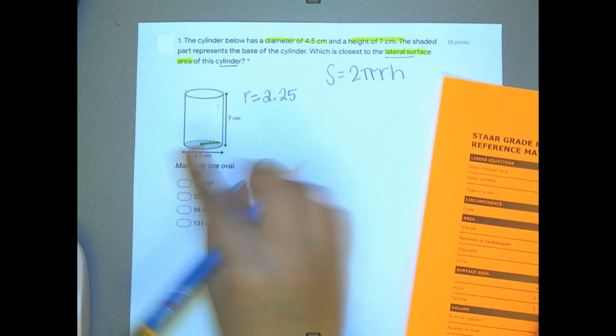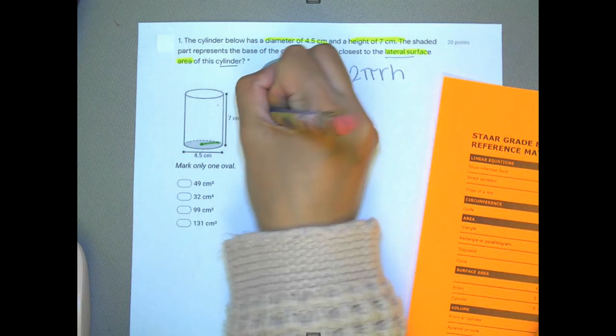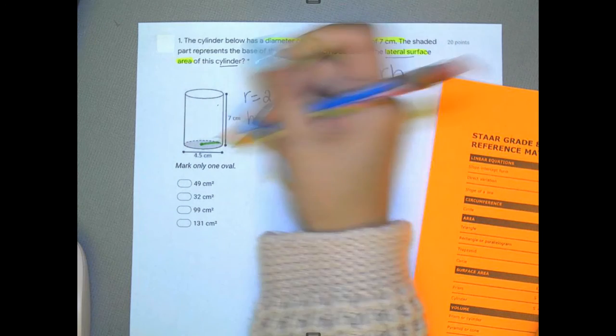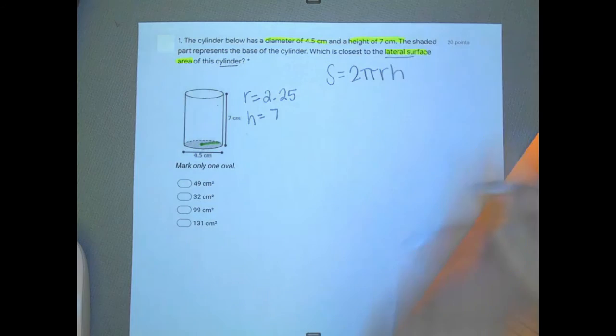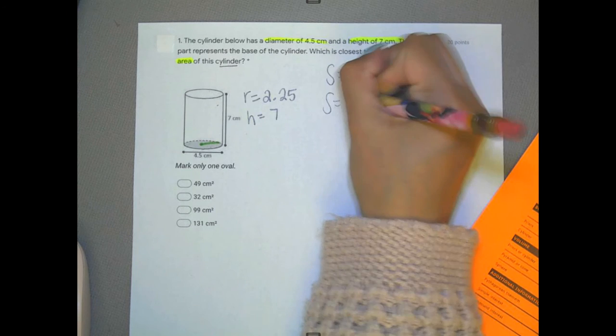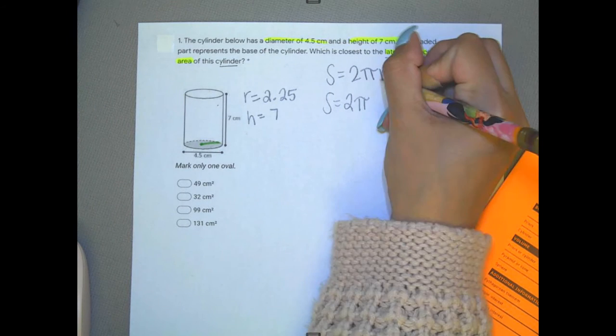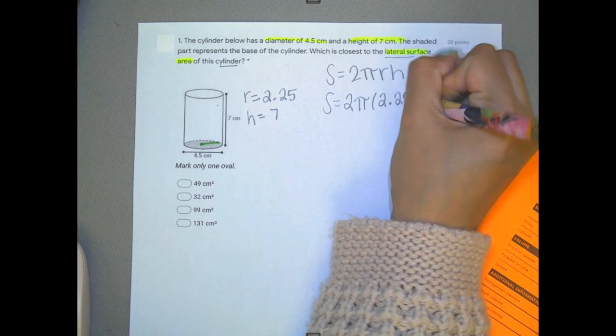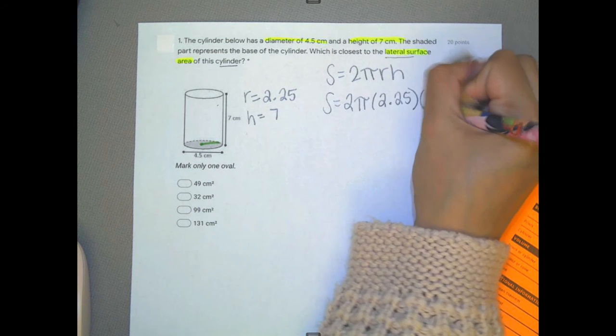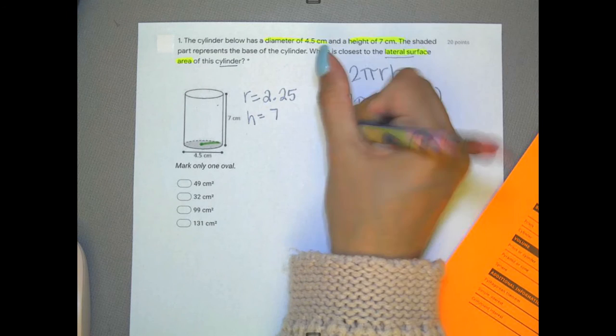Okay, and then looking at my picture, my height of my cylinder, or that distance between my two bases, is 7. So I'm going to do S equals 2 times pi. For my R, I'm going to plug in 2.25. And for my height, I'm going to plug in 7.